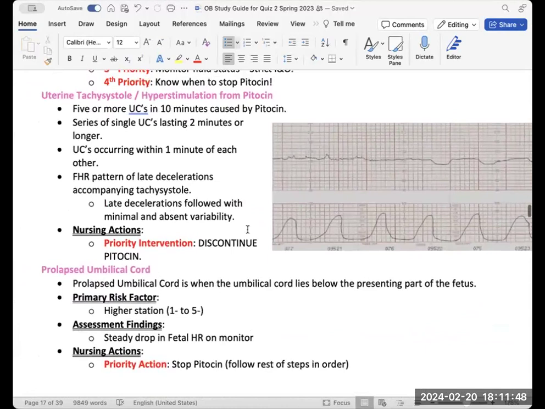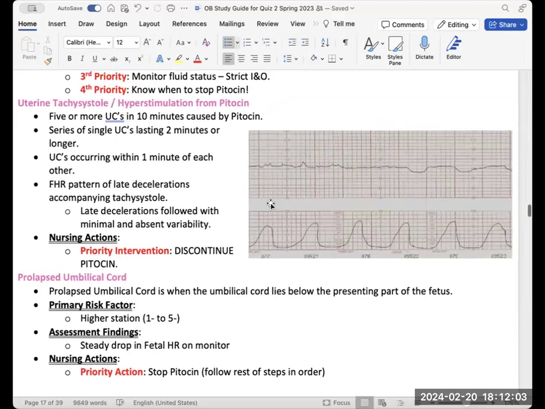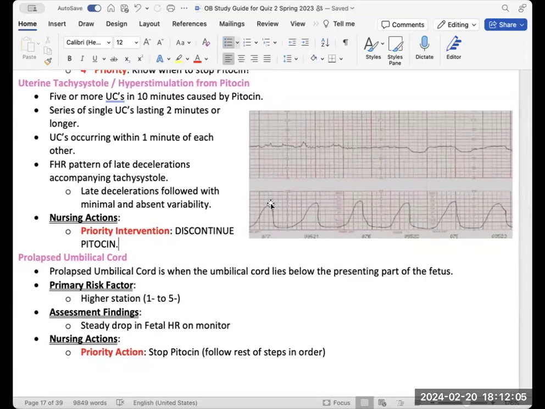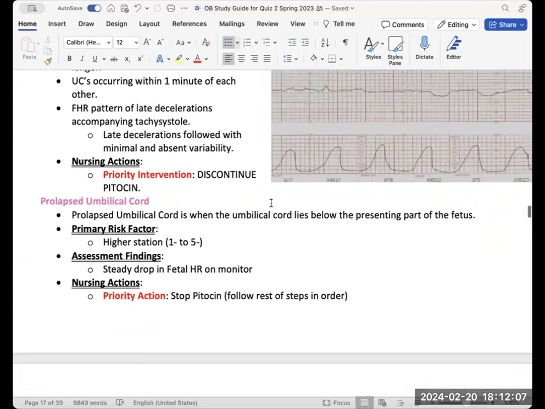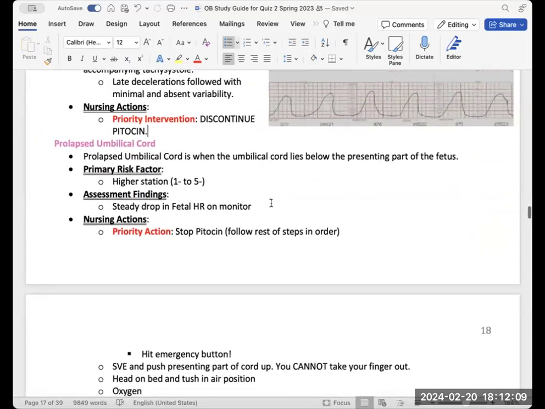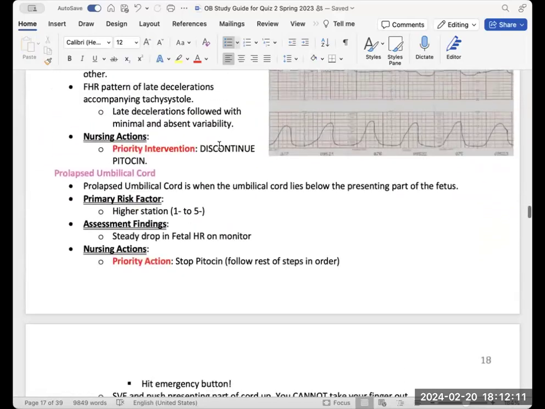So if we see all of this, our priority is to stop Pitocin. We see 5 or more contractions in 10 minutes, lasting 2 or more minutes in duration, 1 minute apart, late decelerations, minimal and absent variability, we have to stop. Any of those signs let us know we really need to stop. Any questions about that?